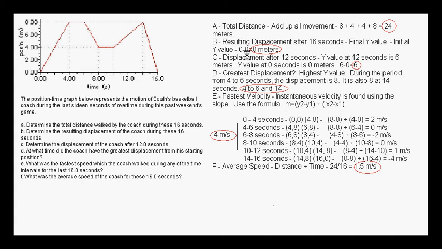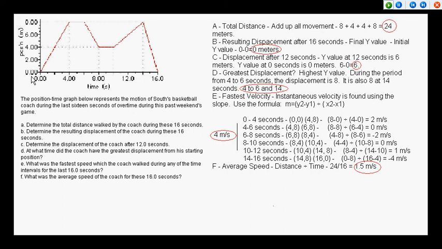Resulting displacement after 16 seconds is the next thing you have to determine. Displacement is different from distance because displacement is asking how far away from the original starting point did the coach end up. Well, in this case, you can look at the y value, and you see that he started at 0, and over here he actually ended at 0 too.